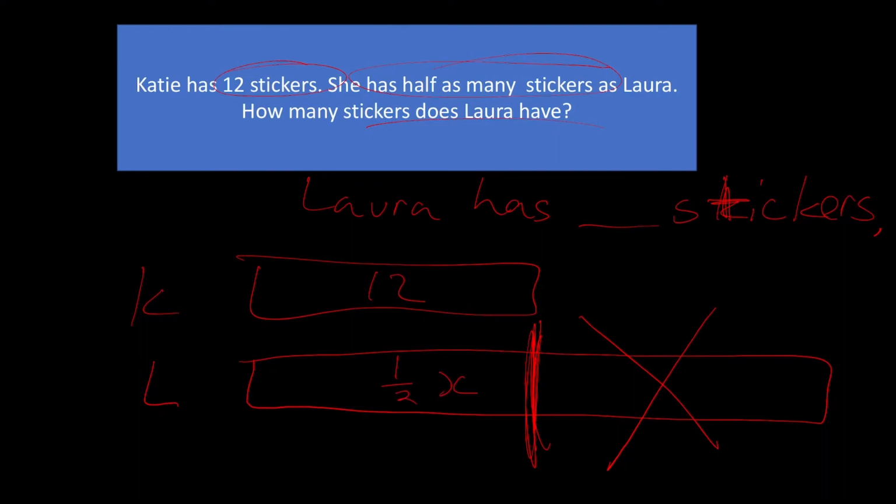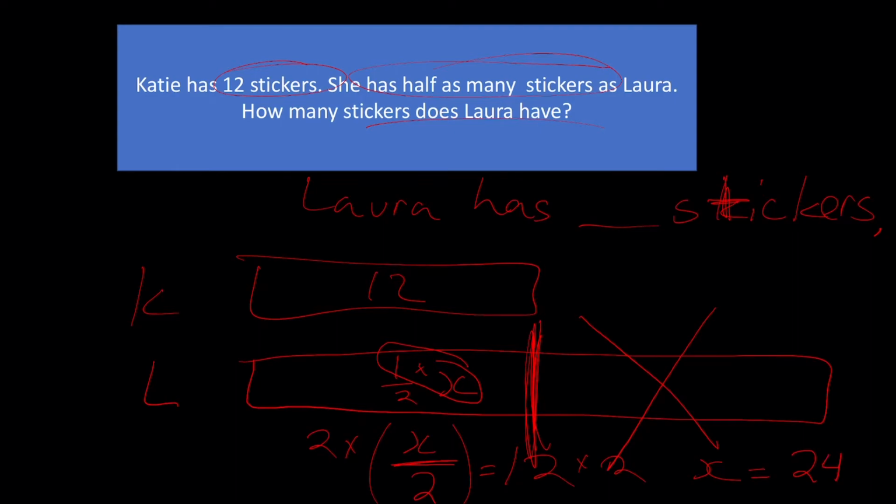Or this can be written as x over 2, because remember, when we're multiplying fractions by a whole number, that would go up there, and then that would be equal to 12. So now, in order to get rid of the 2 on the bottom, I would have to multiply by 2. And over here, I'd have to multiply by 2. So this would end up being equal, x is equal to 24.